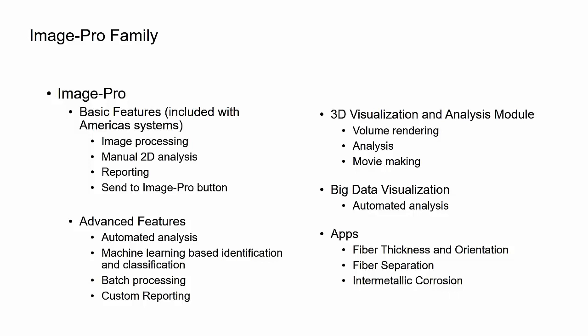This is a module for converting that data set into a form you can visualize on standard computers. We also have a series of apps for such things as fiber thickness and orientation, fiber separation, and intermetallic corrosion in semiconductor.